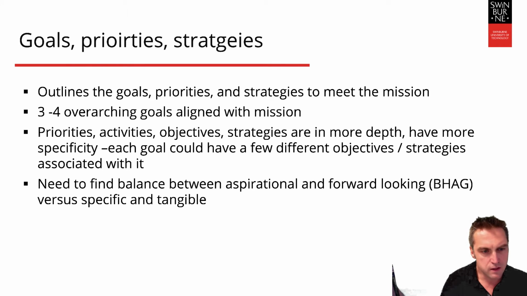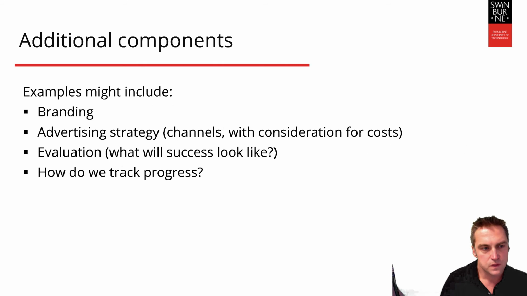We'd probably expect to see 3 to 4 overarching goals aligned with the mission, and from there priorities, activities, and objectives that flow down, and a balance between your aspirational and forward-thinking goals, the big, hairy, audacious goals, and those that are specific and tangible.